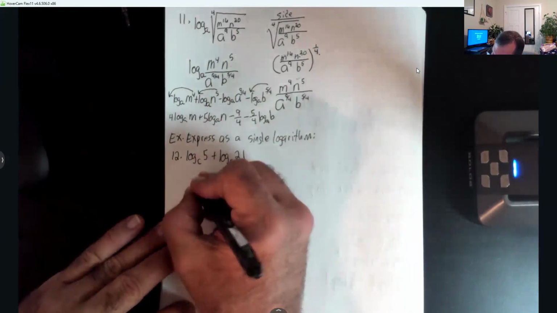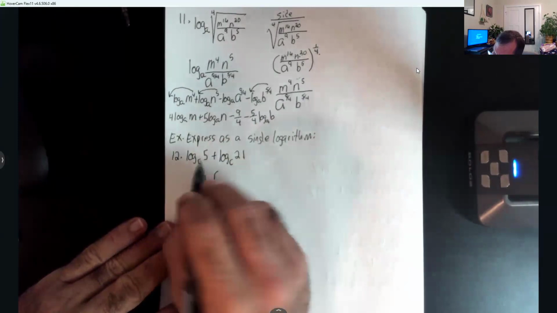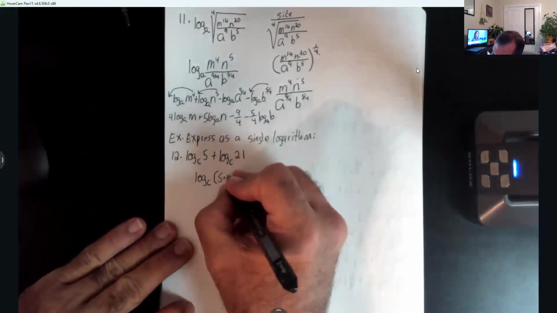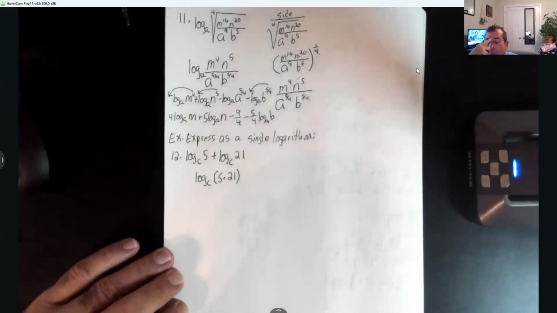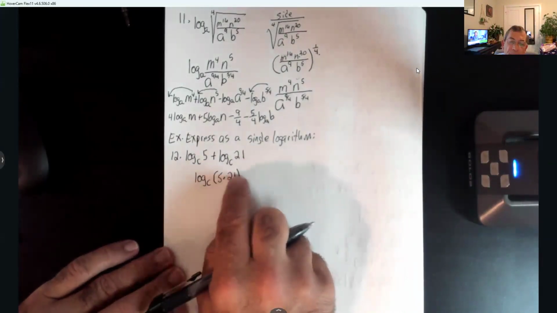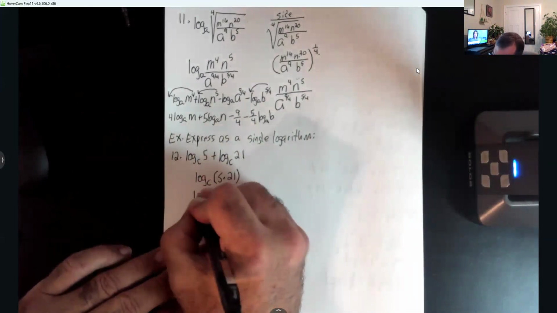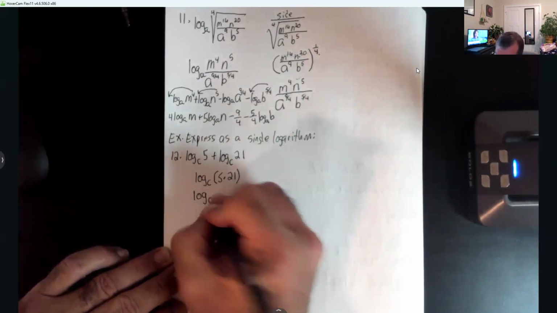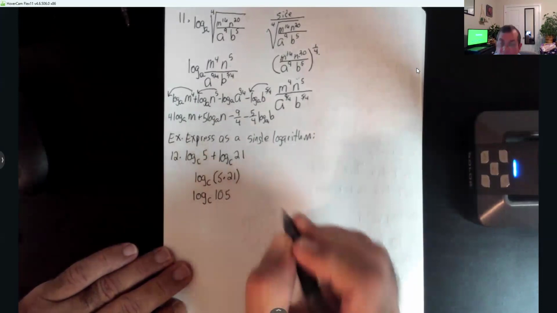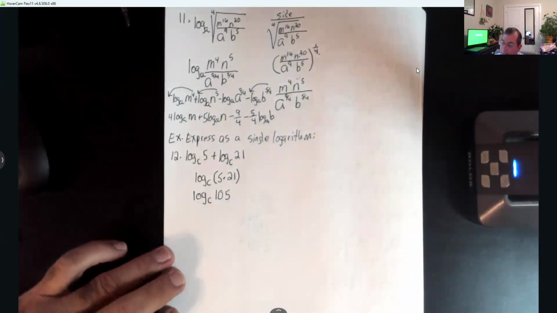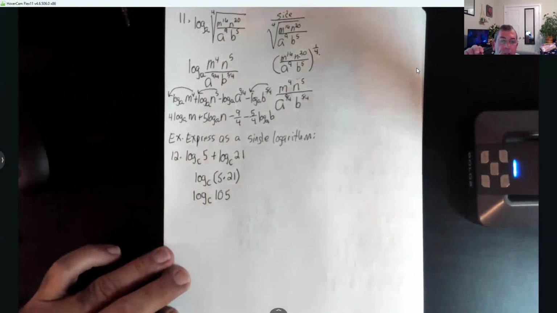So you're going to bring out that log base C, and then your product will be 5 times 21. Now, when you're writing them as a single log, MATLAB does want us to multiply that out when we can. So that gives me a log base C of 105. Okay, so when you're going into a single log, if there is places to multiply, they definitely want us to do that, okay?